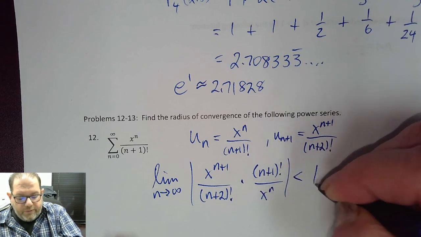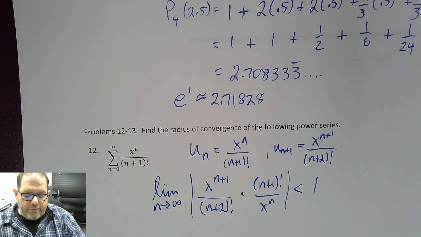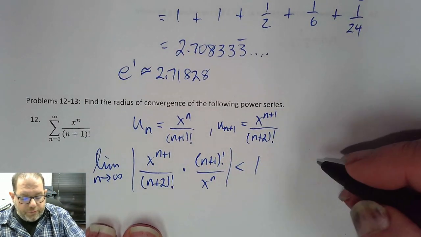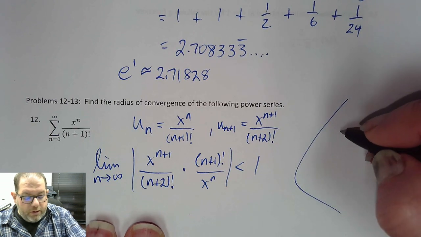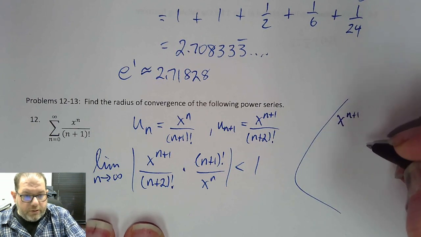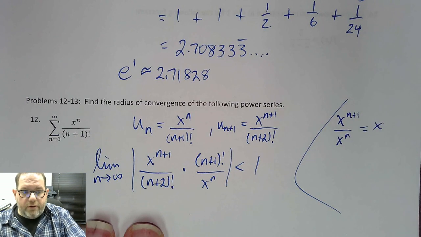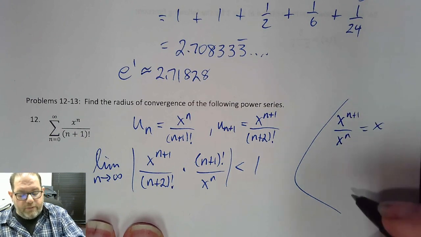We want to know where this is less than 1. The absolute value of that is less than 1. Now, we know we can reduce the x's, and we can reduce the factorials. So x to the n plus 1 over x to the n is just going to give us a single x, subtracting the exponents.